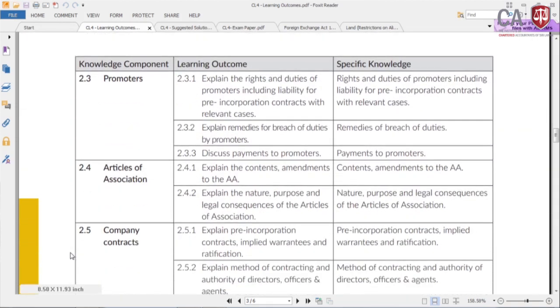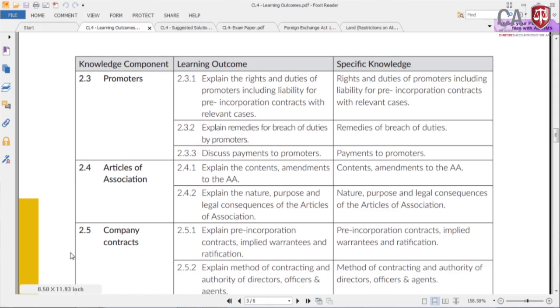Then on the promoters, explain the rights and duties of promoters, including liability for pre-incorporation contracts with relevant cases. As you know, the common law situation is now being altered by the Companies Act.